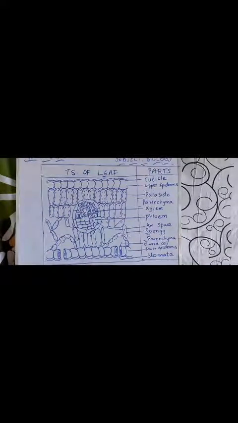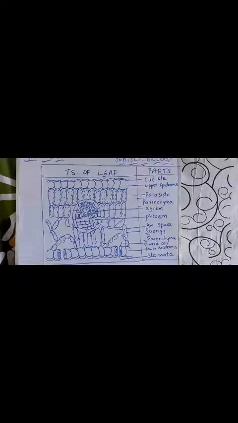Chloroplasts are present more in the palisade parenchyma but less in the spongy parenchyma, and the leaf is covered by upper epidermis and lower epidermis, which in turn are covered with a waxy layer known as cuticle. This cuticle acts as the protective layer.